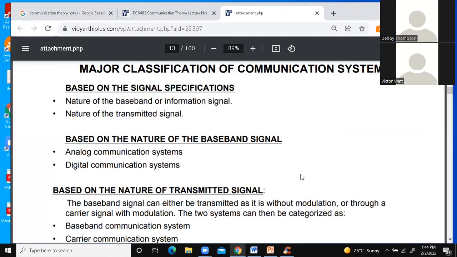That means you don't convert it to anything digital. If you're transmitting a digital signal, you don't do any conversion. You take it through the system the same way as it is transmitted. Is that what you're asking, Delroy?